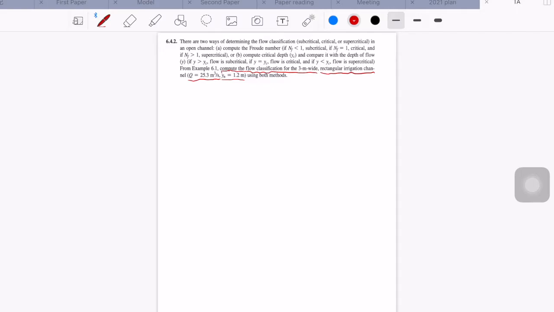So for the first method, we need to compute the flow number, and we know the flow number equals V divided by the square root of G times D. D is the hydraulic depth. Since this is a rectangular channel, the D is equal to the depth of flow. So the D equals YN equals 1.2 meters.